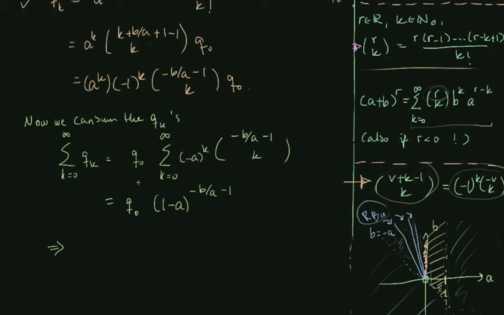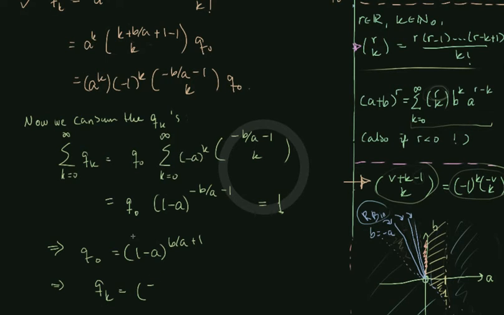And this implies, since this sum of probabilities should be equal to 1, that q0 is equal to 1 divided by all of this, which is (1 - a) to the b/a + 1. Okay, so now we have q0. Let us also write up what qk should be.